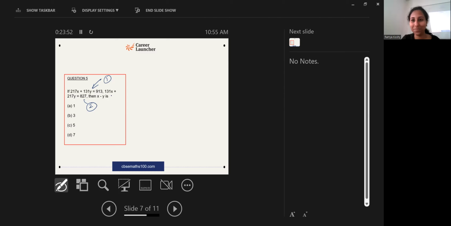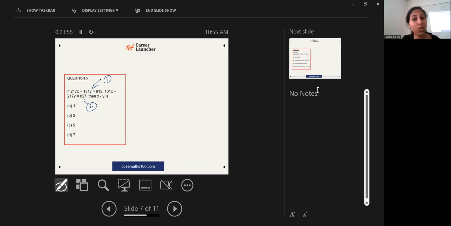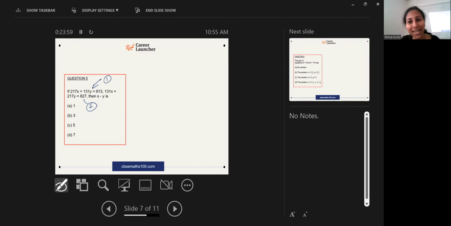Subtract 1 and 2. Yes, you just subtract. Don't solve for x and y completely. Not necessary. You don't have to solve for x and y fully over here. All you have to do is subtract both the equations. That's all.